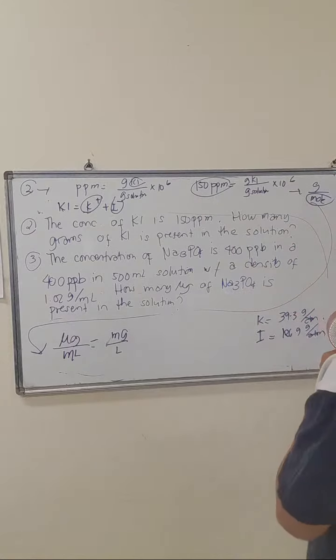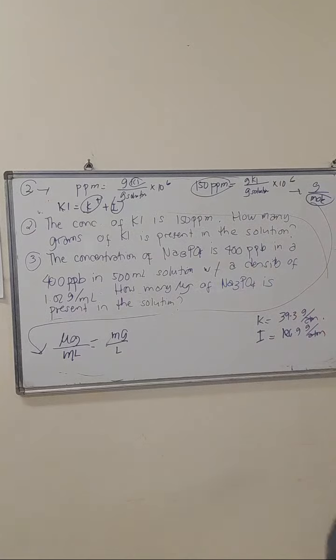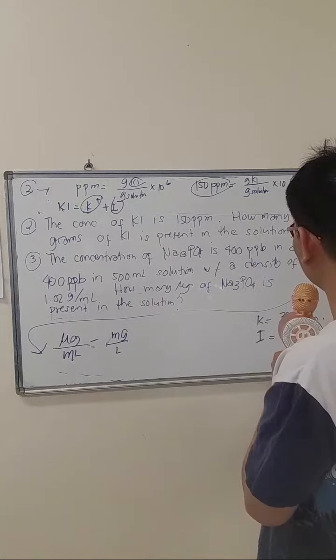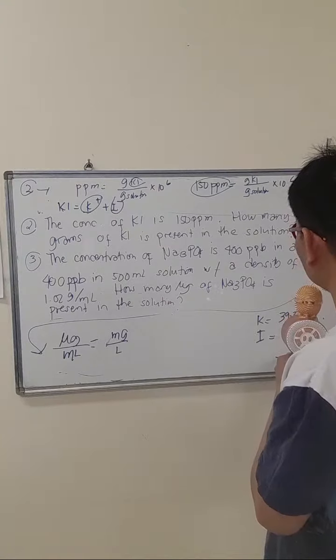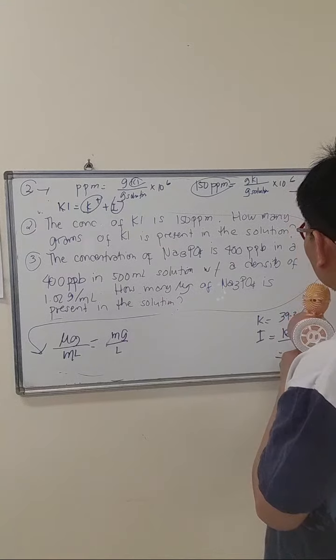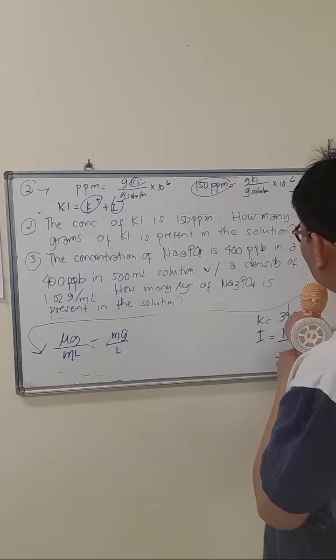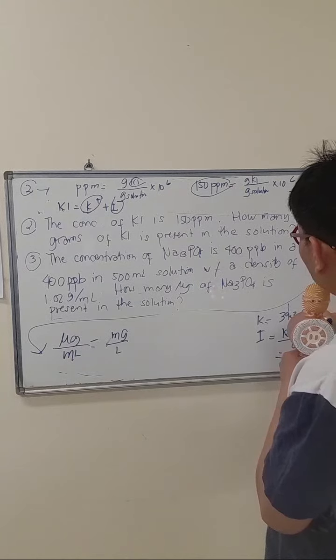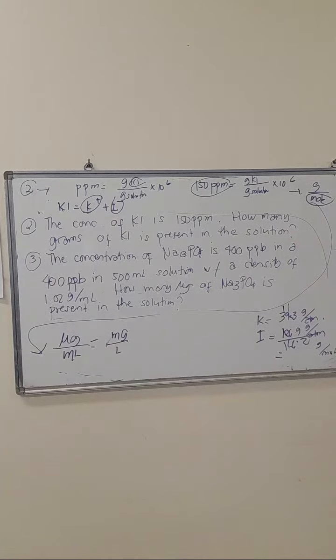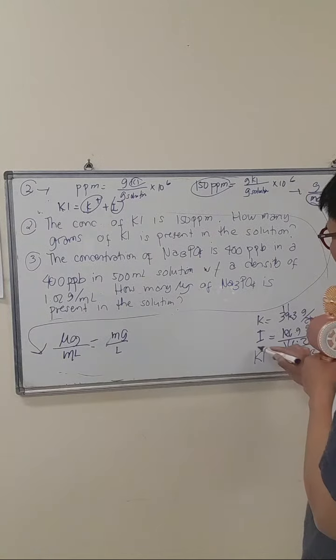If you add all, it will become the molecular weight, the molar mass in grams per mole, because it's already a compound. Add them because there's no subscript. 39.3 plus 126.9 is 166.2 grams per mole, the molar mass of potassium iodide.